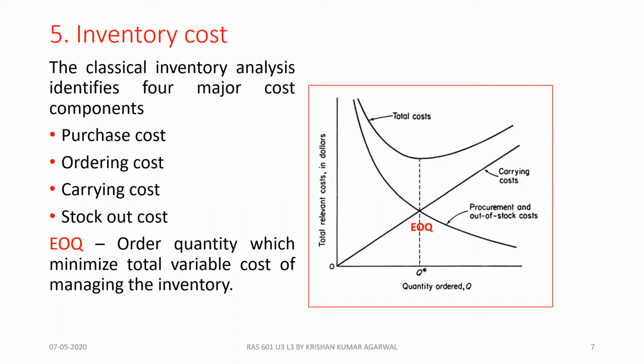For this particular quantity of order, the total cost of maintaining the inventory will also be minimum. The diagram is between the total relevant cost and quantity ordered.